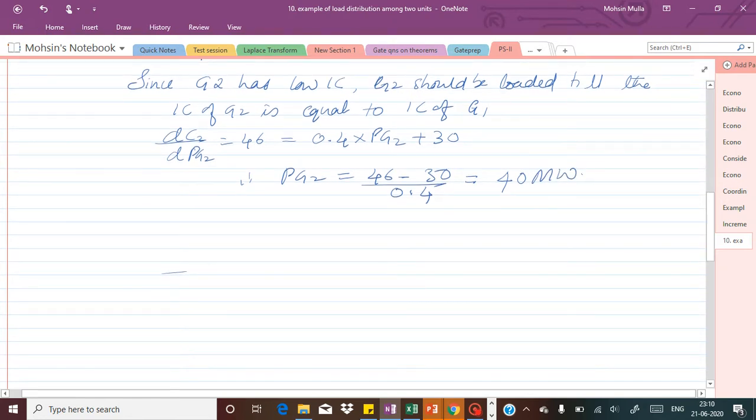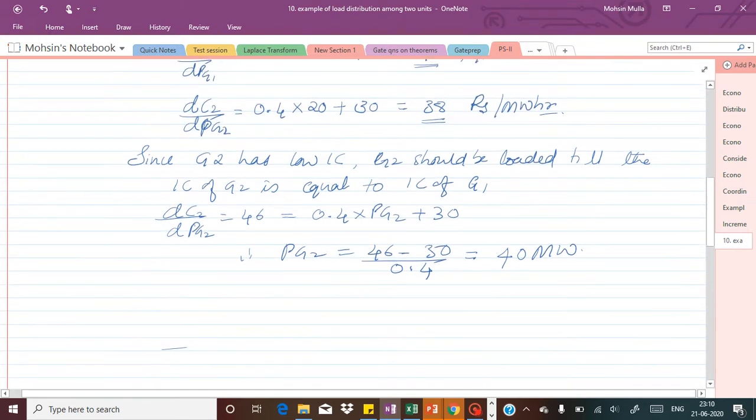So when the value is 40 megawatt, the incremental fuel cost of the second generator is also equal to 46. Therefore generator G2 should be loaded between its minimum capacity up to 40 megawatt.